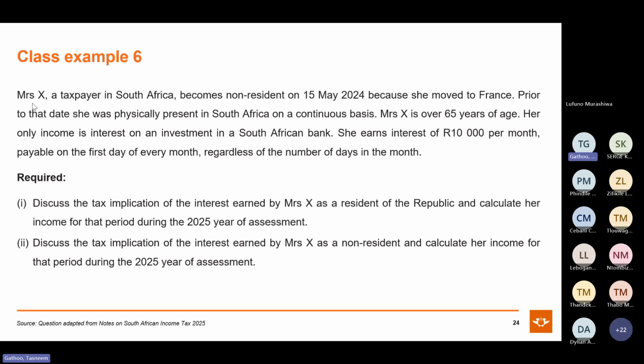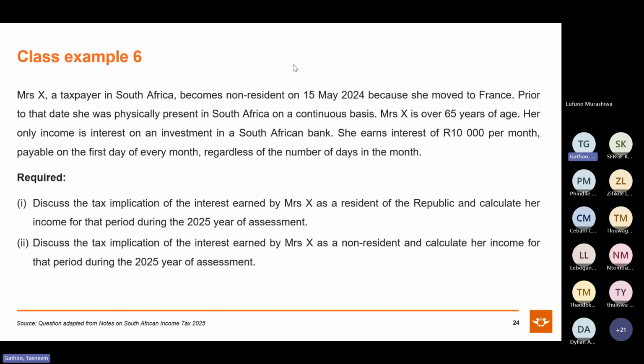Okay, so let's now go back to the scenario. What does the scenario say? Mrs. X, a taxpayer in South Africa, becomes non-resident on the 15th of May because she moved to France. Again, the rulings about when you break residency will be dealt with in a later section. But for now, we are assuming that on the date that she leaves, that's when she becomes non-resident.